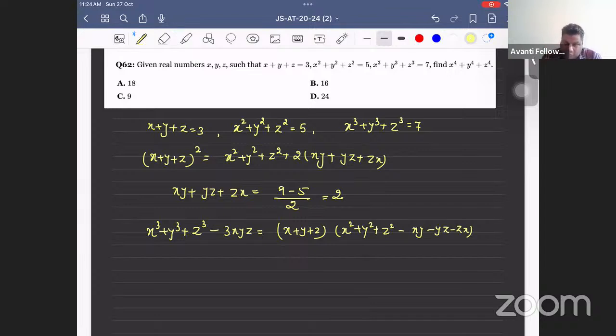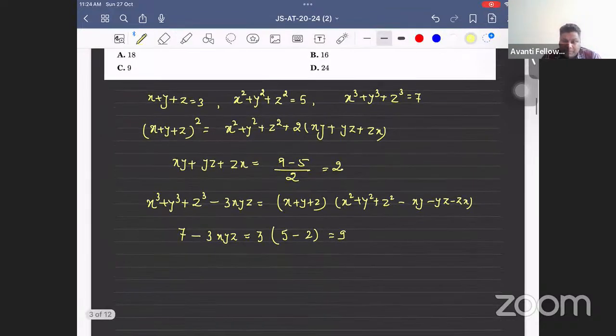So x cube plus y cube plus z cube is given to you as 7, so 7 minus 3xyz is equal to (x plus y plus z), 3, into (5 minus 2), so it is 9. Got it? So the xyz value will be minus 2 upon 3.